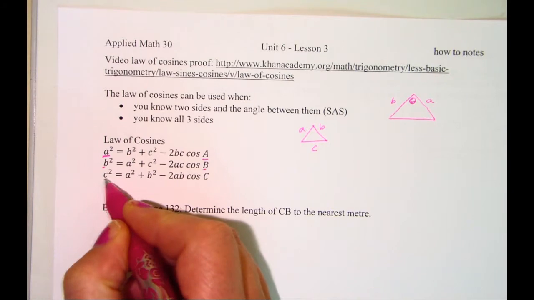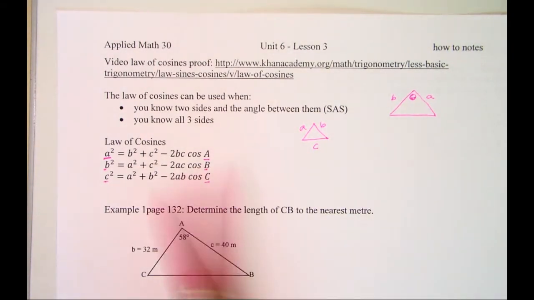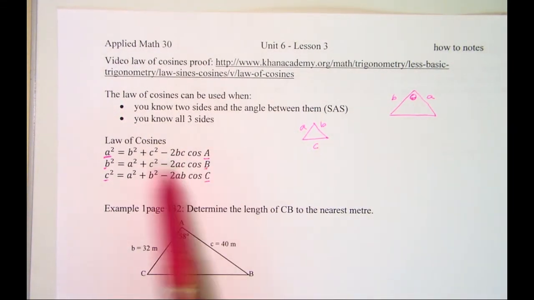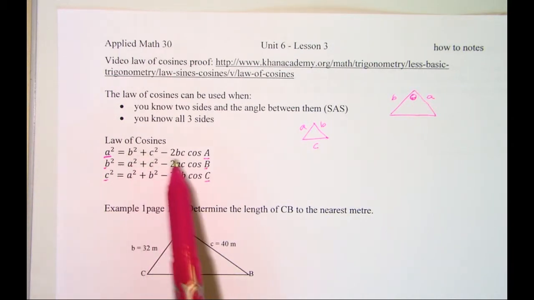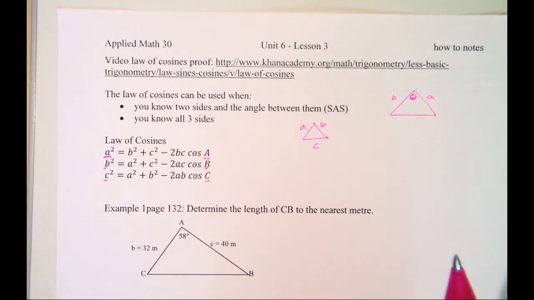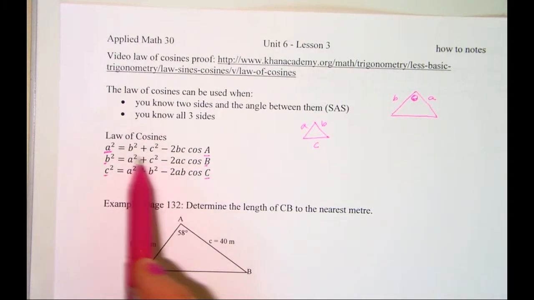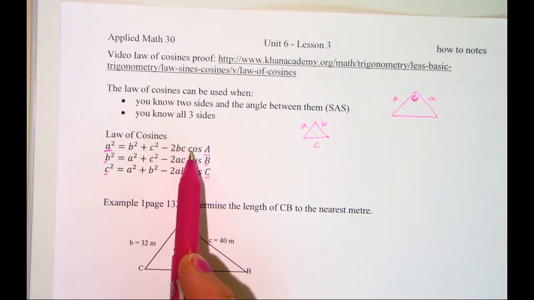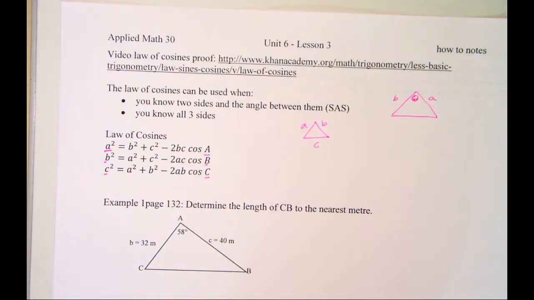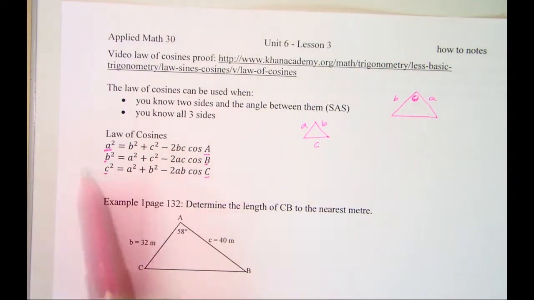You can write it out with any letters, and the rest stays the same. It's the other two sides squared and added together, minus 2 times the other two sides. If you have A here, then you have to have B and C here, because you don't know A, so you can't have it there. The pattern is the same no matter what side you're using.